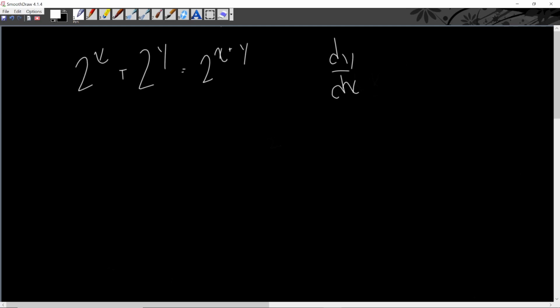And for this one, we need to know that a to the power of x has derivative ln a times a to the power of x.